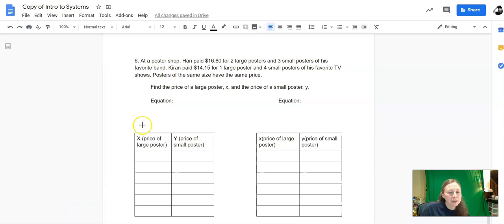Now in this situation, the constraints are a little more complicated, but still doable. If we buy 2 large posters, so 2 times X, and we buy 3 small posters, so 3 times Y, then we get 16.80.